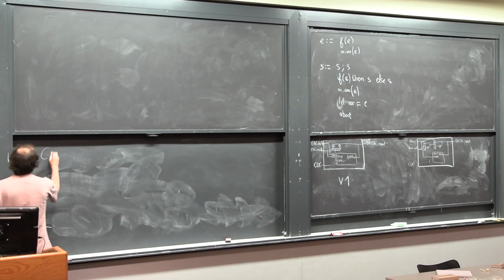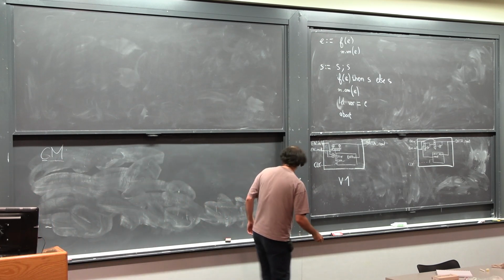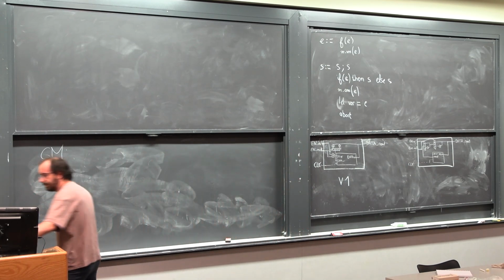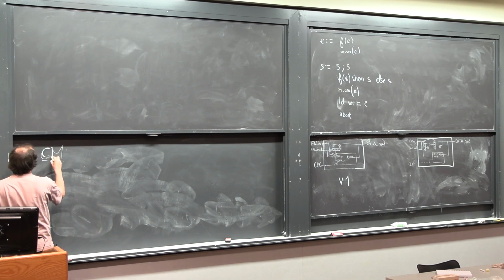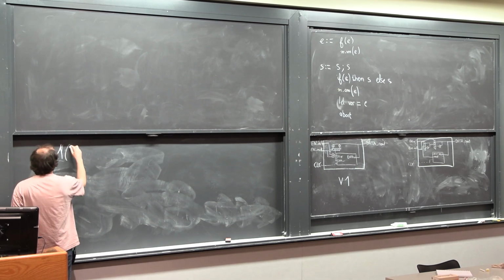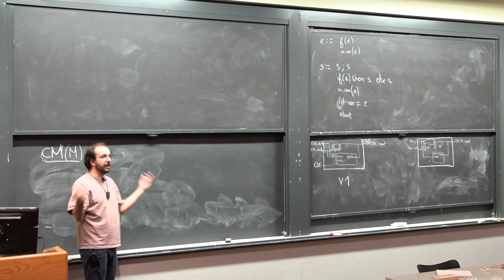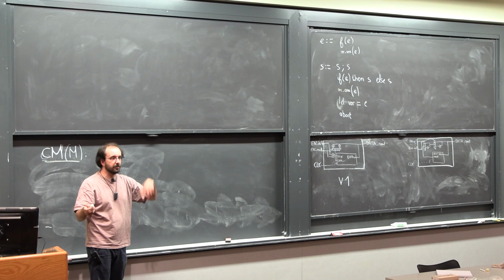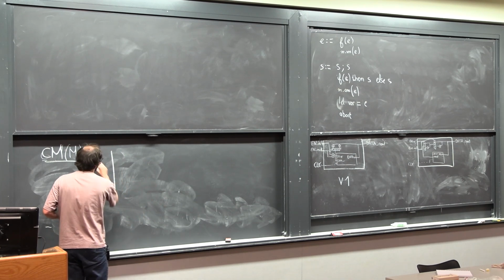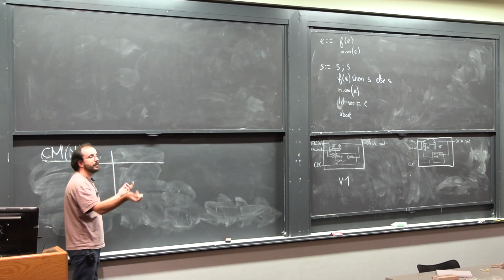So we define the conflict matrix, CM. The conflict matrix of a module defines, for every pair of methods, both action methods and value methods, what happens if I were to do both of those methods simultaneously.